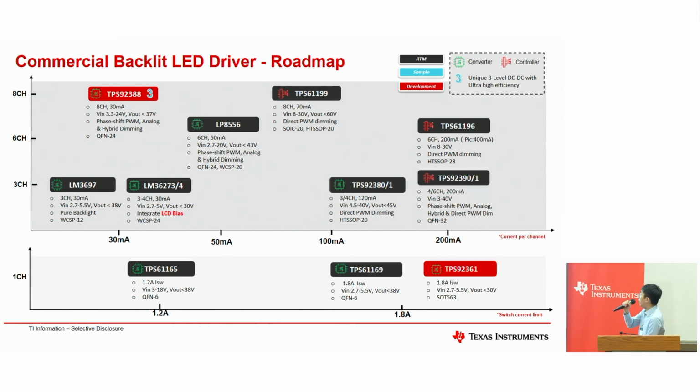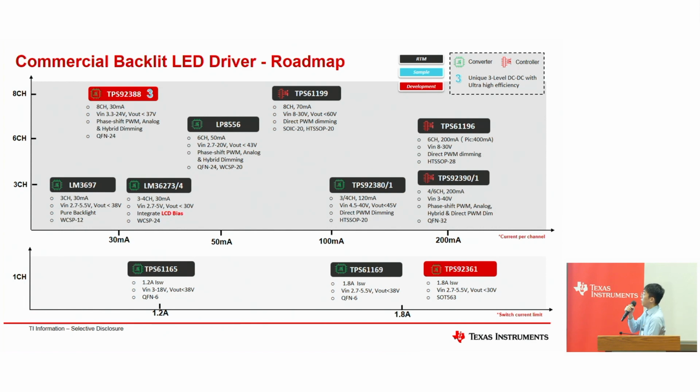And the other one in red is the TPS92361, at the bottom right corner. We are refreshing our traditional TPS611 series, which is usually a single channel for screens smaller than 10 inches, a design that is getting very popular in the market. We plan to refresh those traditional devices with asynchronous boost topologies.